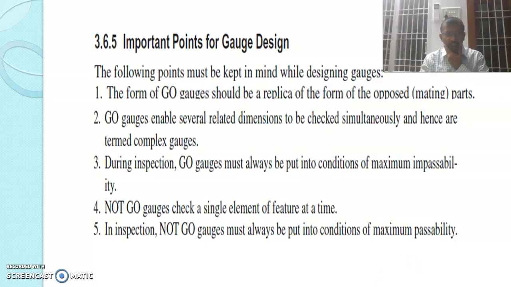Important points for gauge design: the form of go gauges should be a replica of the form of the opposing mating part. Cylinder for piston, piston for cylinder. Go gauges enable several related dimensions to be checked simultaneously, and hence are termed complex gauges. One or more dimensions can also be checked with go or no go gauges.